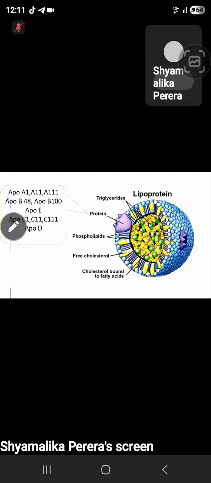Lipoprotein molecules have a single layer of phospholipid molecules, with hydrophilic outer heads, and inside the core you can have cholesterol bound to fatty acids, free cholesterol, triglyceride, as well as lipid-dissolved vitamins. Vitamins A, D, E, K travel along with this lipoprotein molecule.